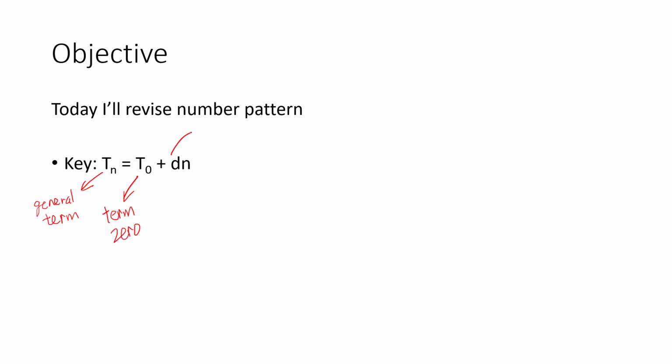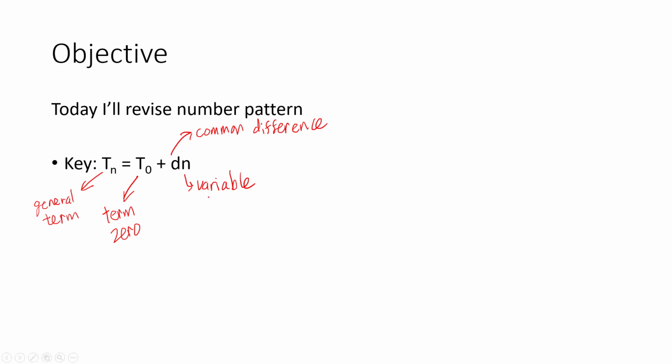The d here stands for common difference, which is the difference between one term and the term next to it. While n down here refers to a variable.